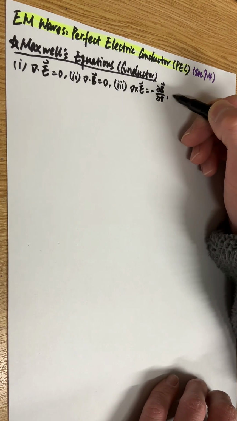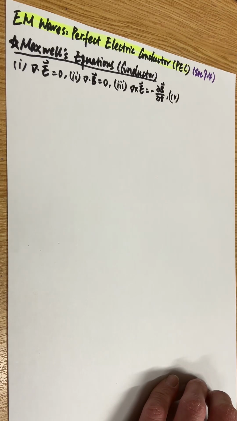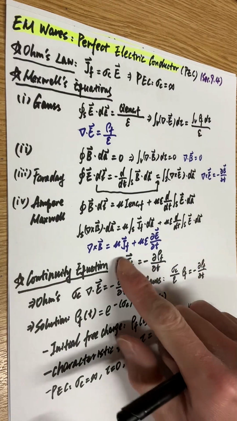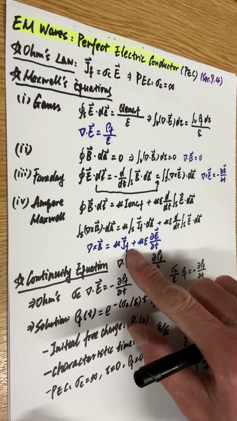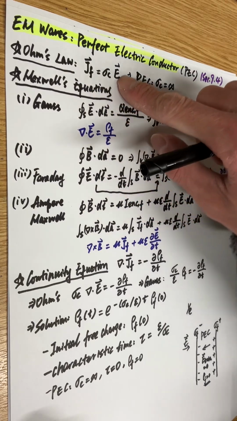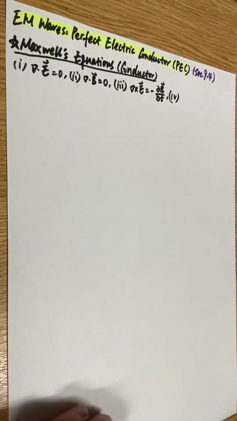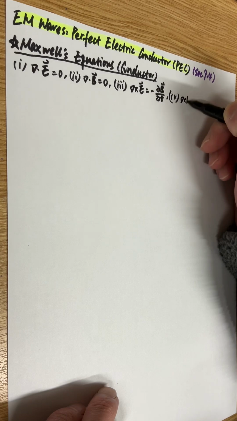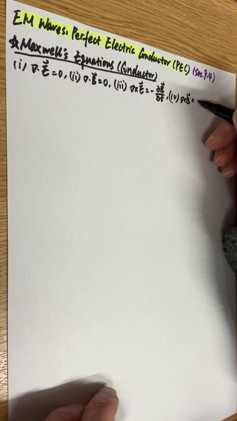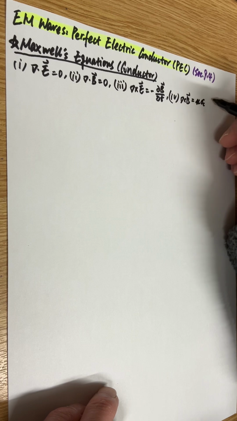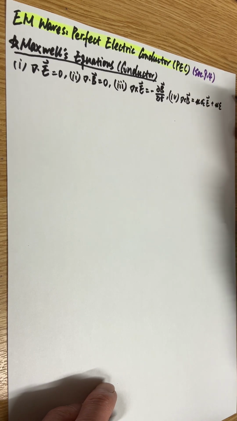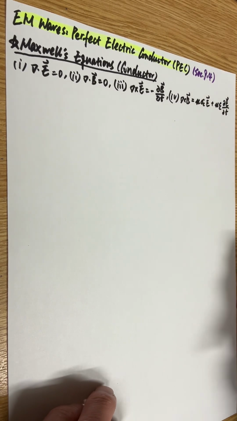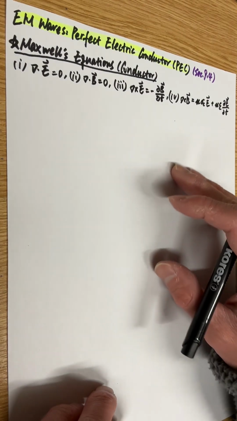And then finally, the last one, we have the curl of B. So here we have the current density, and we recall Ohm's law. We can put the E field in here. So what we have is curl of B equals mu conductivity and then E field plus mu epsilon dE dt. And now we have Maxwell's equations for a conductor.